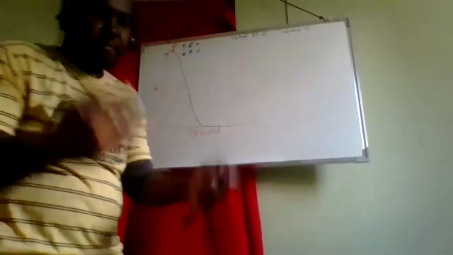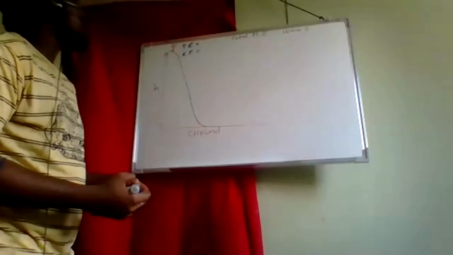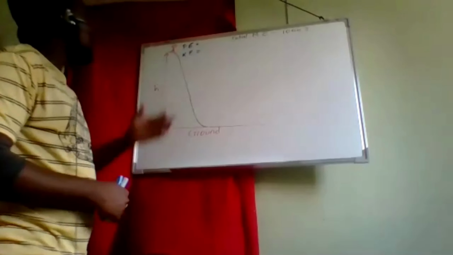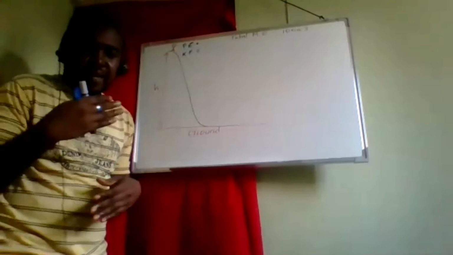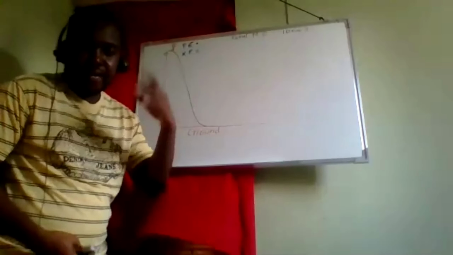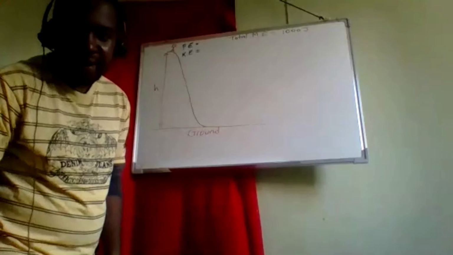All right, so at the top of the hill, where the person is just about to ride off, what do you think the potential energy will be? Can we tell the exact value, or do we know an estimate of that value? Any answers?